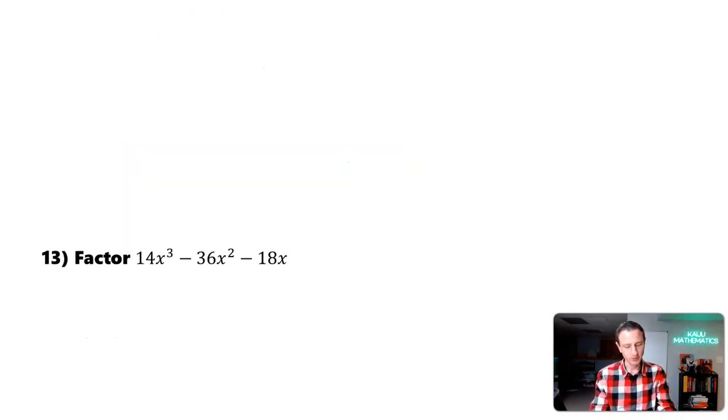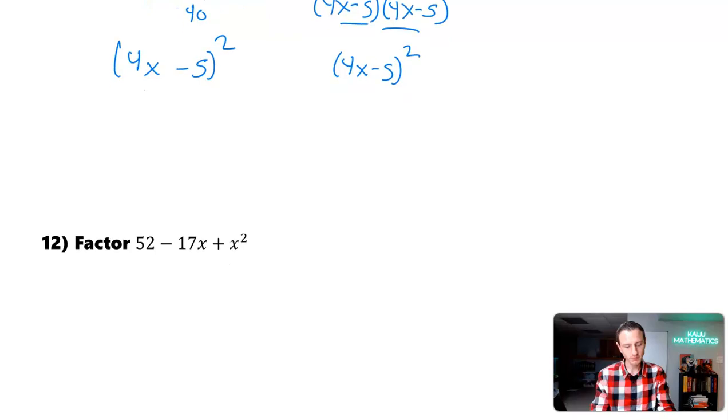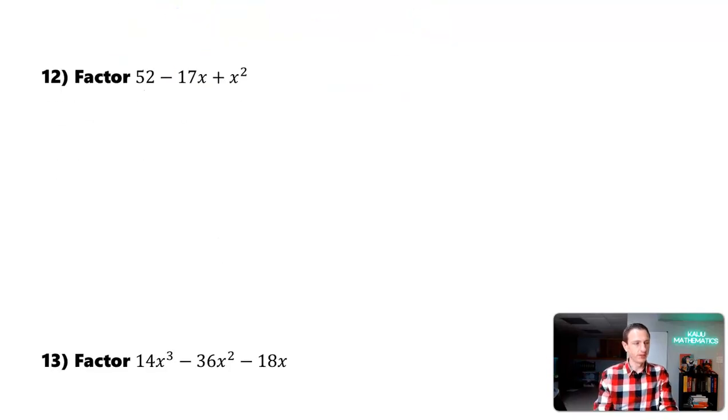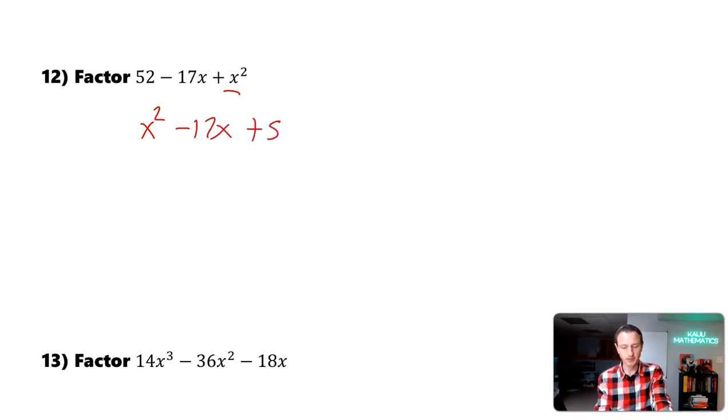And I think this is the last one. Oh, no, 2 more. So on number 12, factoring this one, nothing too out of the ordinary here besides the order. So just reorganize it. So the x squared is going to come first. Middle term is minus 17x, and then we have that plus 52.